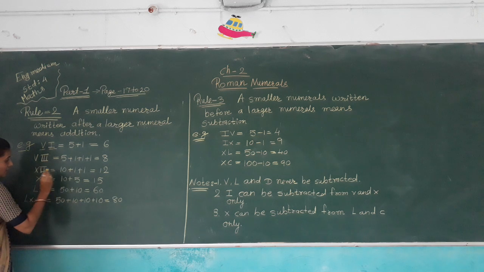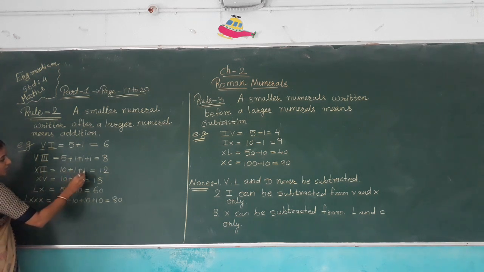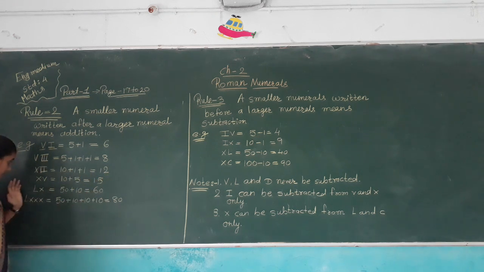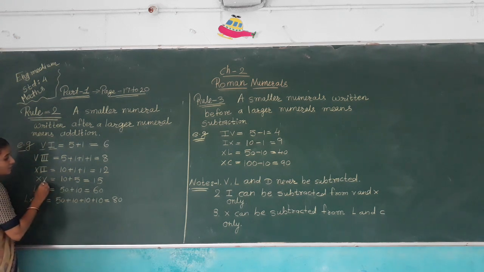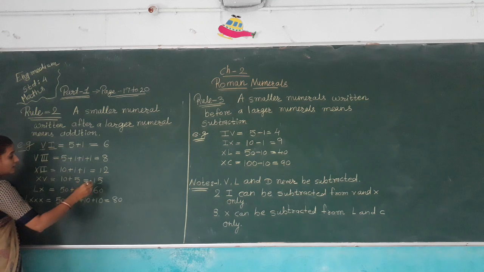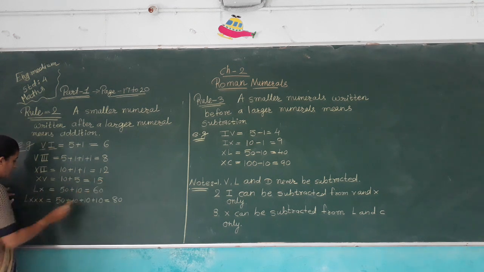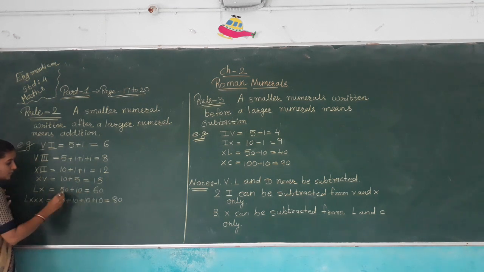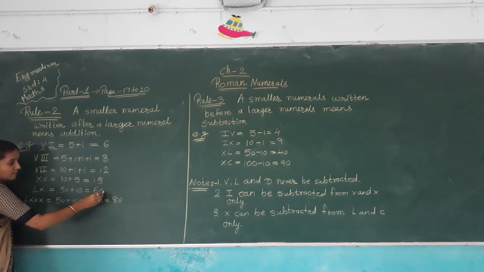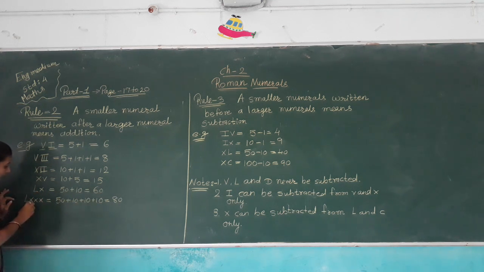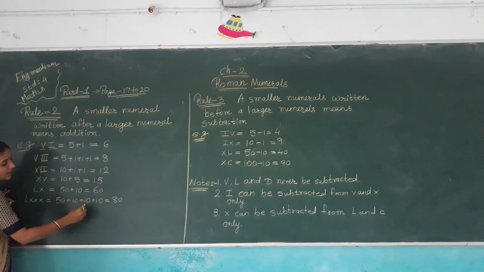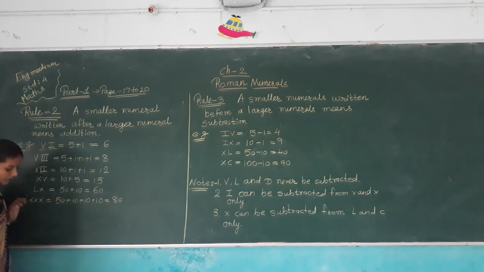X means 10 and I means 1, it makes 12. XV: X is 10 and V is 5, together it makes 15. LX: L means 50, X means 10, together it makes 60. LXXX is equal to 50 plus 10 plus 10 plus 10 is equal to 80.